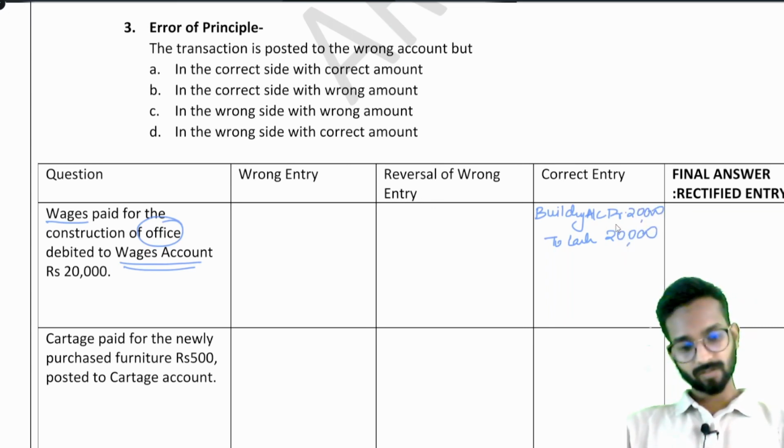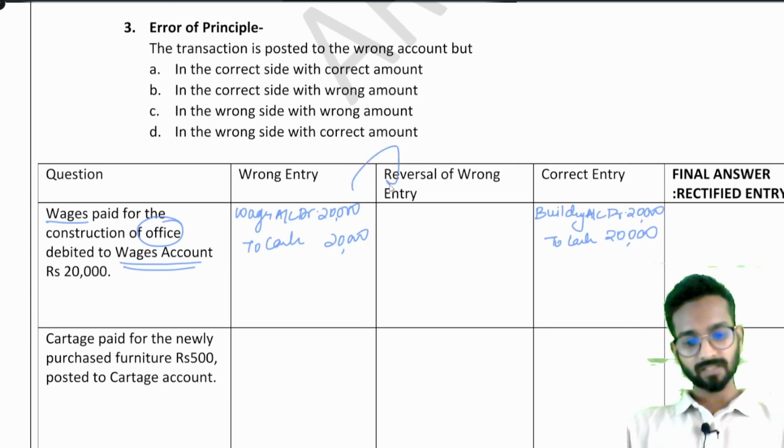20,000. What wrong I have done? I have debited wages account. So, wages account debited to cash 20,000. Okay. Reverse it. It will become cash account debit to wages account 20,000.